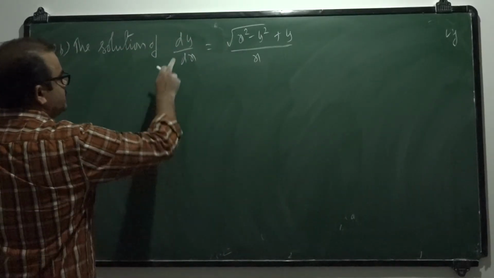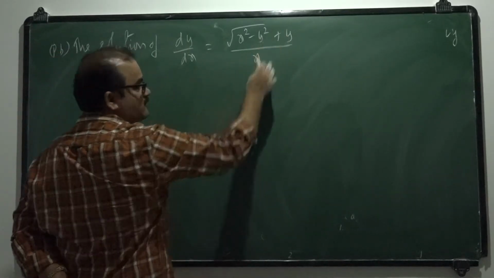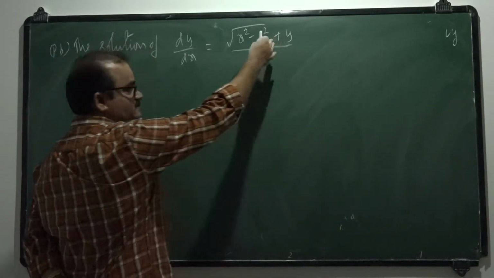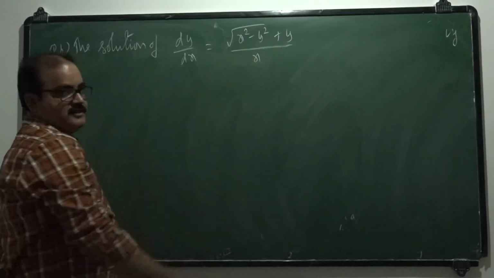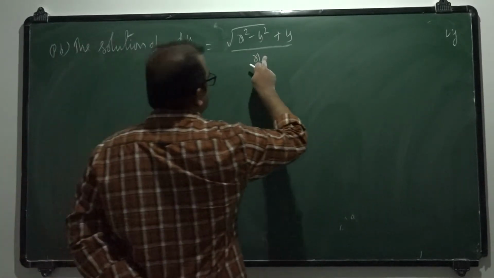Okay, it is in the form of dy by dx is equal to some function in terms of x and y. If it can be expressed as a function in terms of y by x, then it is a homogeneous equation.